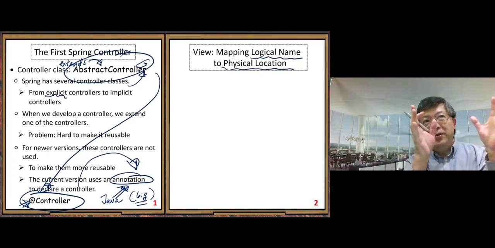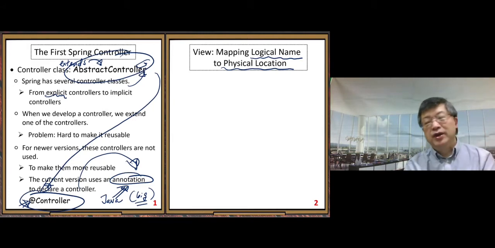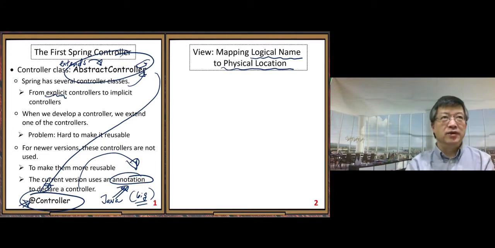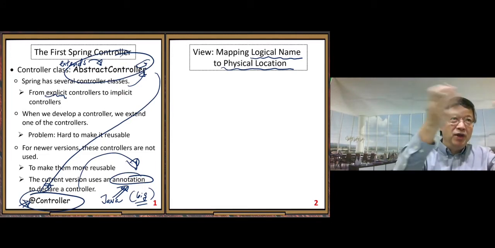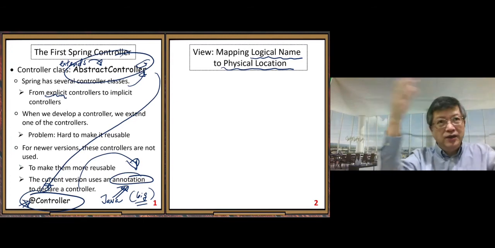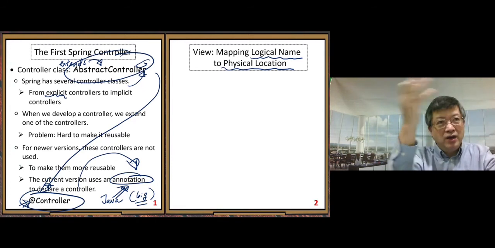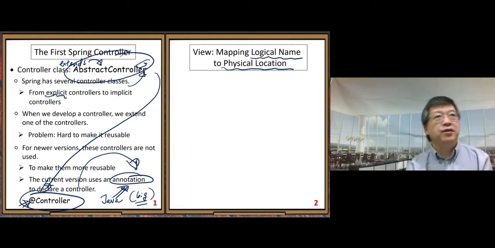Physical location we know: there is a physical file somewhere stored on the hard drive of your server. Then it will be loaded into the main memory. Then the JVM will compile and run, all those things will happen.